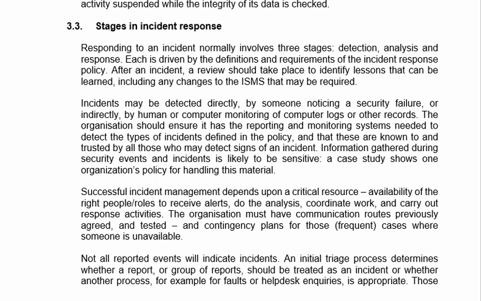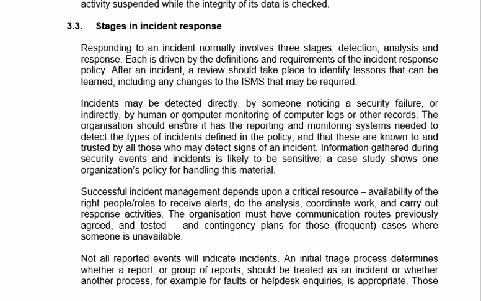Now, the next thing is the stages in incident response. There are three stages in incident response. The first is detection, another one is analysis, and the third one is response. Detection is a very important phase. We need to first detect the incident.